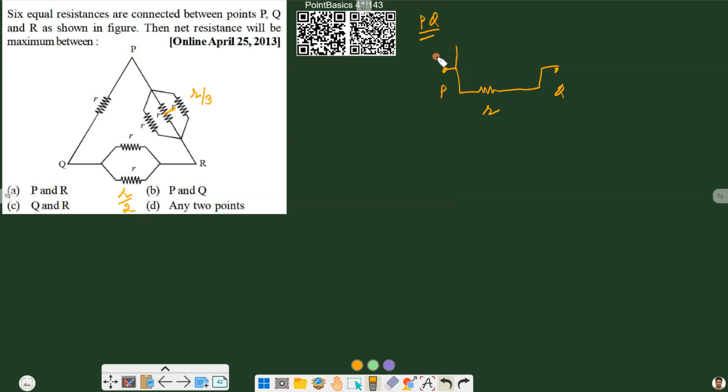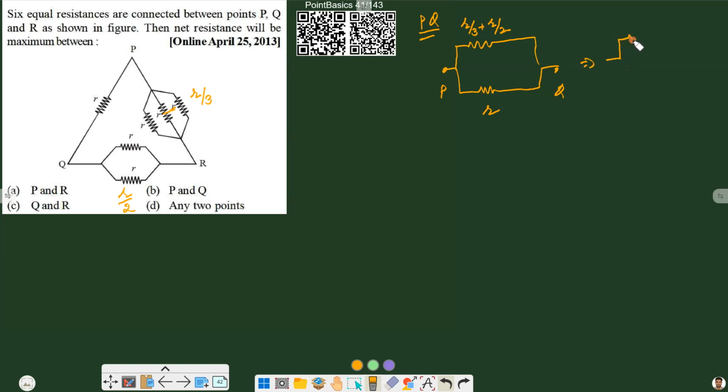Both of these are in series between P and Q. So here we will have R by 3 plus R by 2.